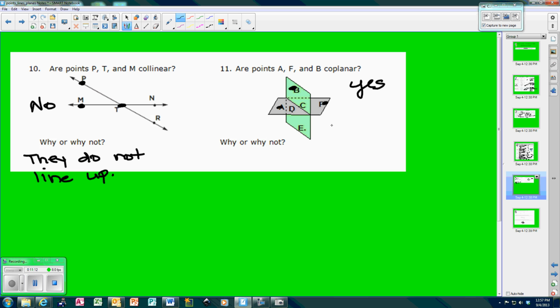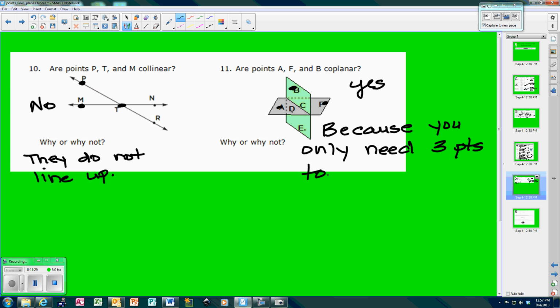Because you only need 3 points to make a plane. If you have more than 3, then it matters. So if I had A, B, F, and E, then it would be no. But as long as you have 3 points, they always make a plane, like 2 points always make a line.